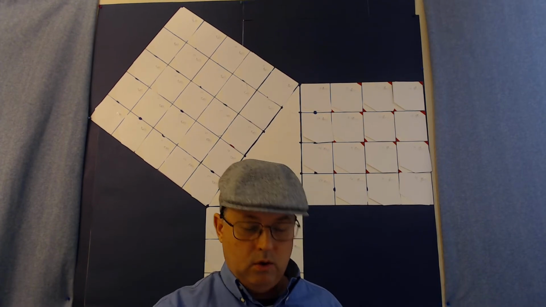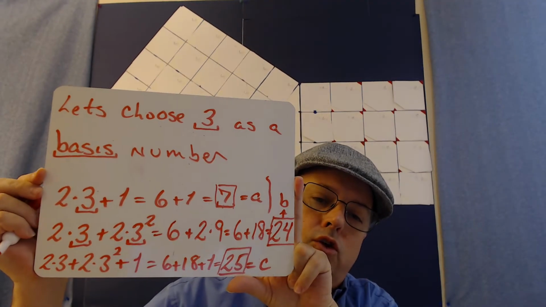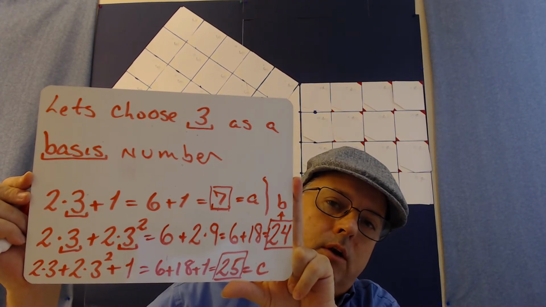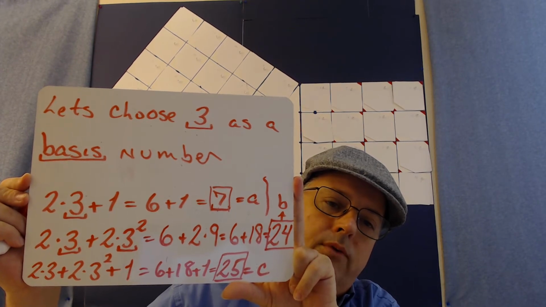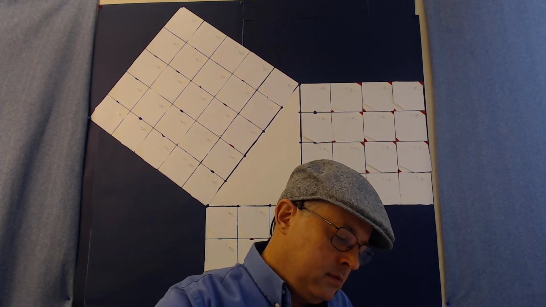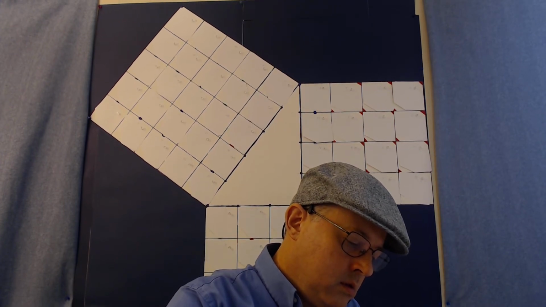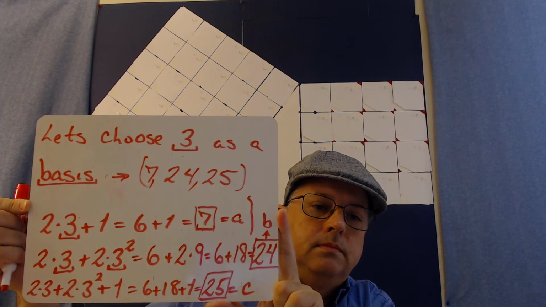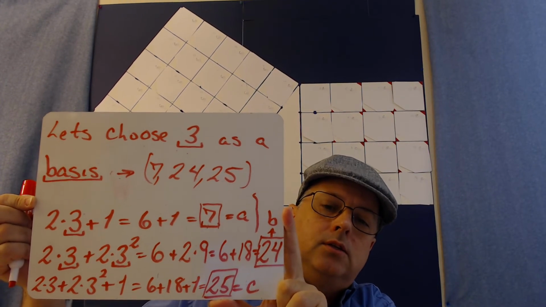So with the basis of 3, we have manipulated 3 in such a way that we have found one of the Pythagorean triples that we introduced in the previous video. That's 7, 24, 25. All right, so that's the process for the formula.